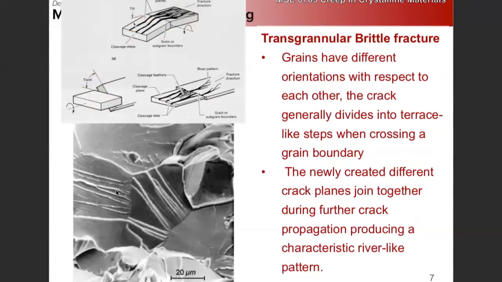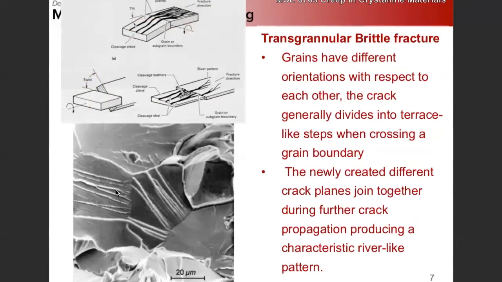And depending on the orientation of the 100 planes in a grain relative to the approximately planar crack, the farther or closer these terraced steps are going to be, and the closer and farther away the river markings are going to be, right?